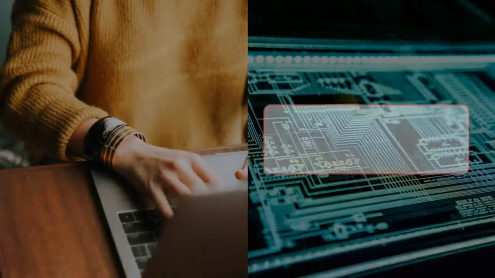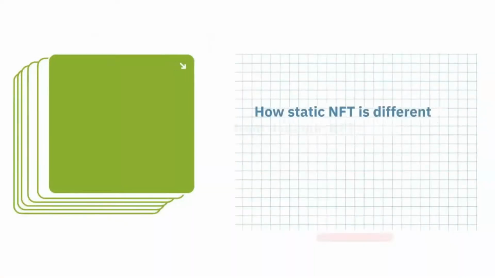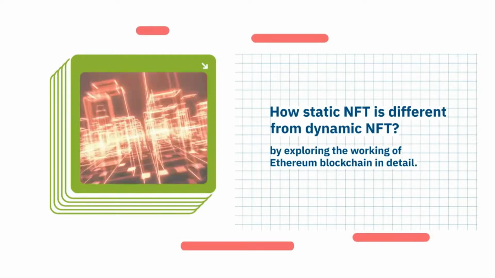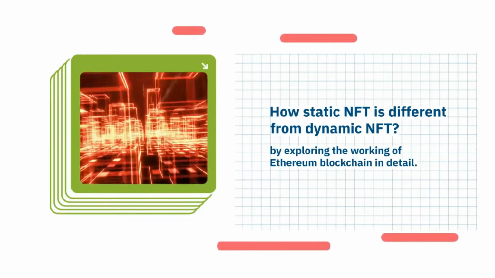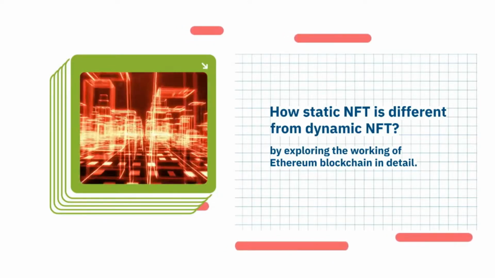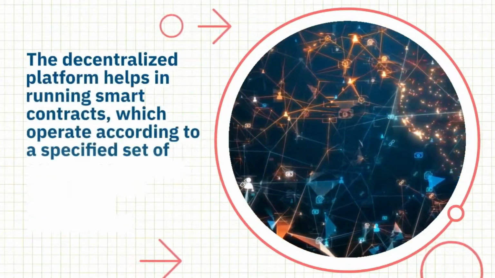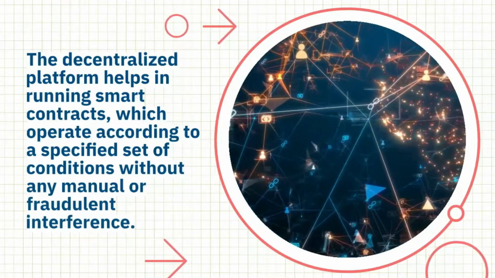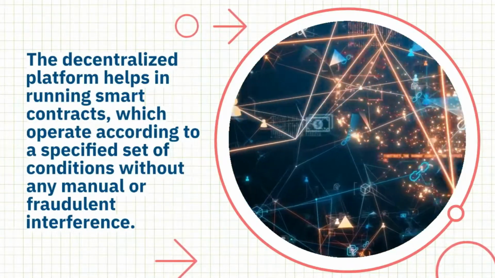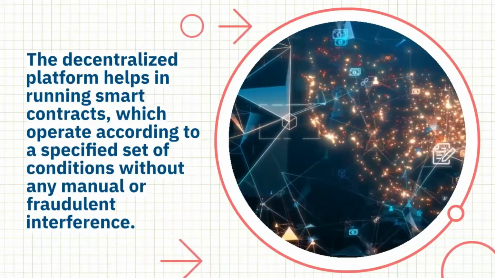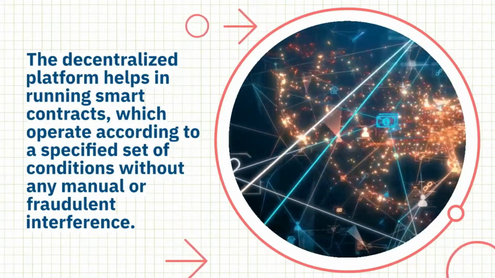Creation of NFTs. You can find the right answers to how static NFT is different from dynamic NFT by exploring the working of Ethereum blockchain in detail. The decentralized platform helps in running smart contracts, which operate according to a specified set of conditions without any manual or fraudulent interference.